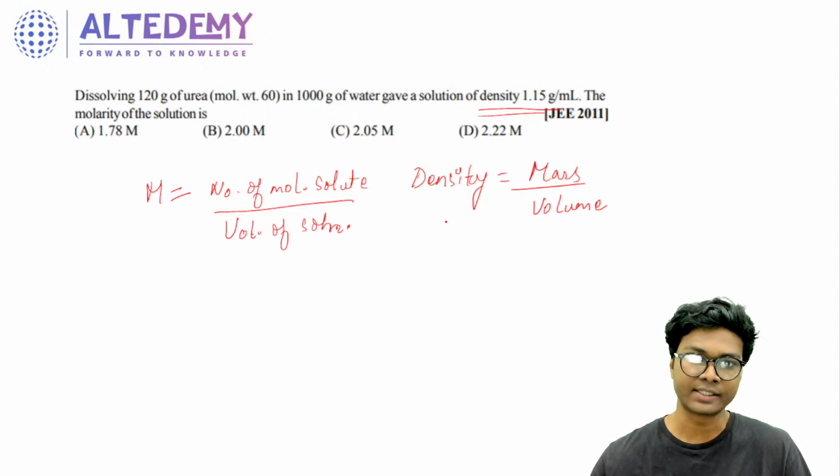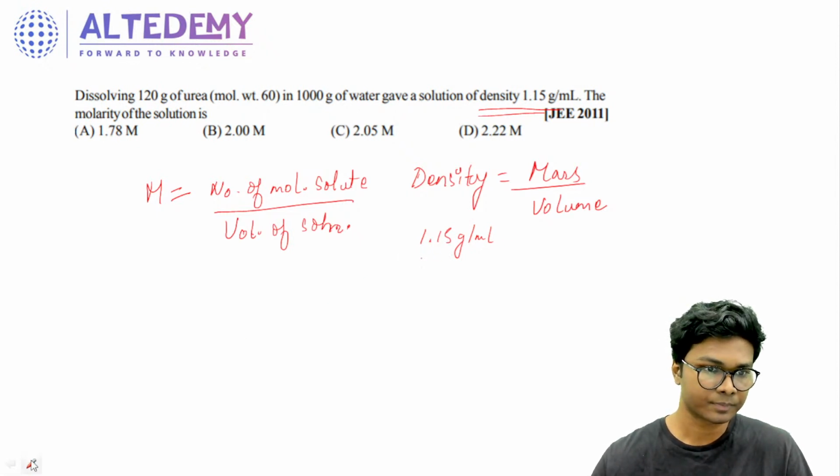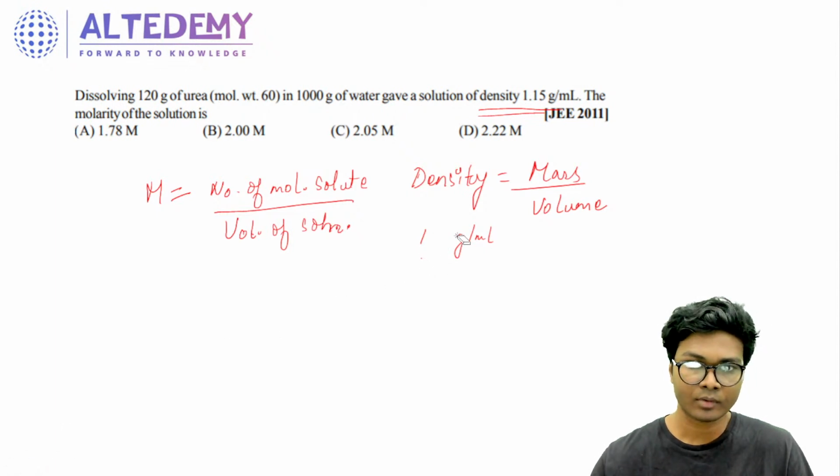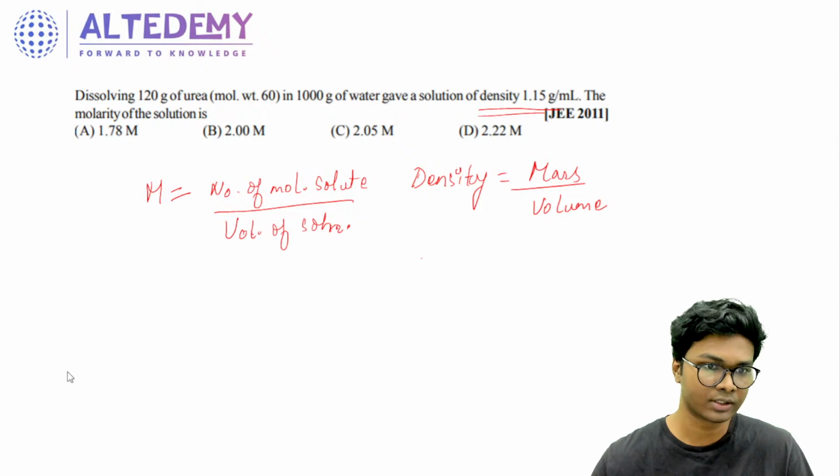Density is given to us as 1.15 gram per ml. We'll have to find volume. So volume equals mass by density.